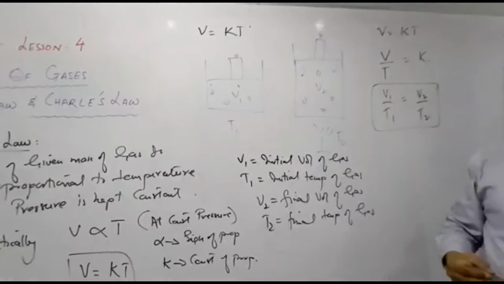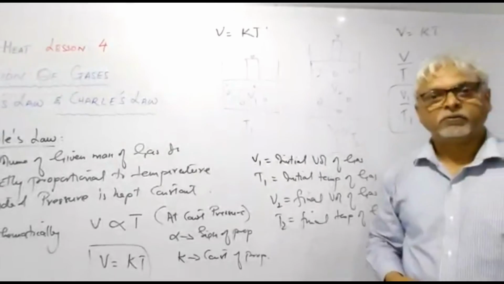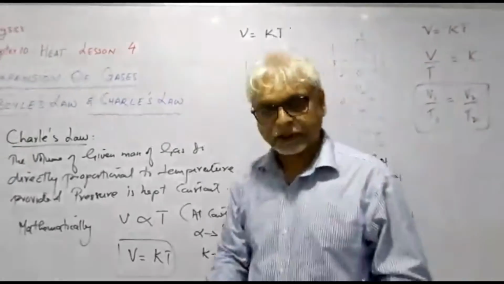This is the final equation for Charles' law for volume and temperature when pressure is kept constant.